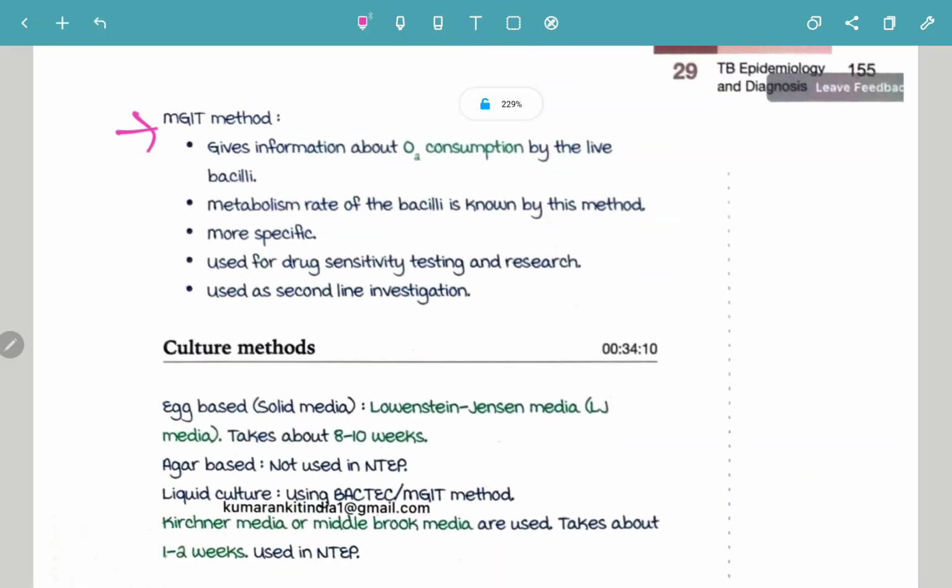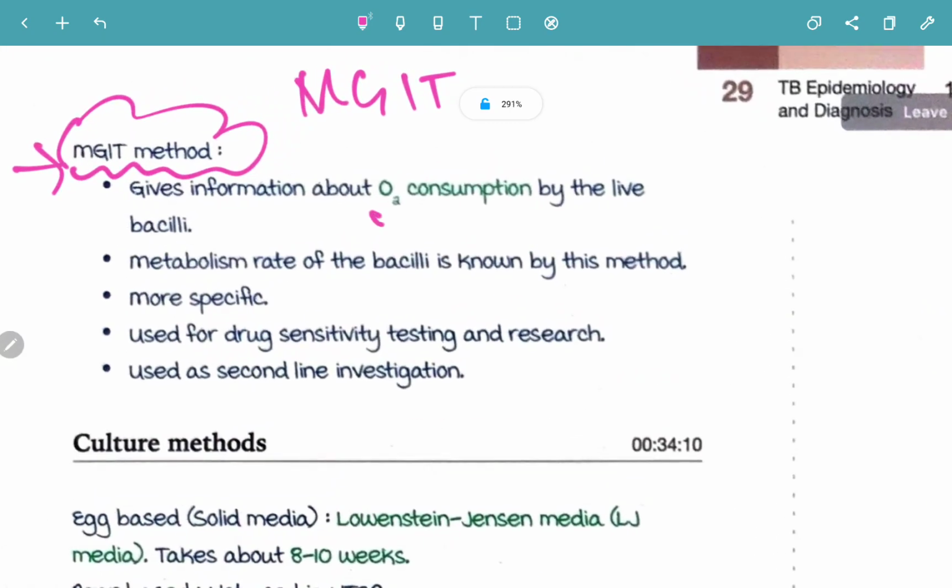After BACTEC, the very famous method is the MGIT method. So what is this MGIT method? It gives information about oxygen consumption by the live bacilli. We studied that BACTEC was giving information about the CO2 emission by the live bacilli. See, it is an aerobe. Aerobe means it's going to consume oxygen and release carbon dioxide like us.